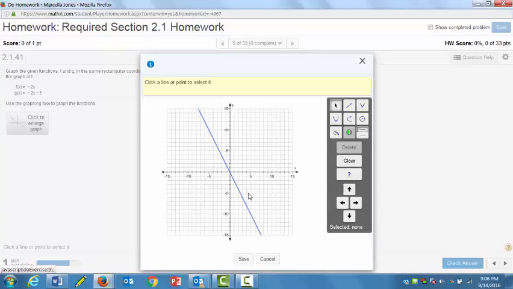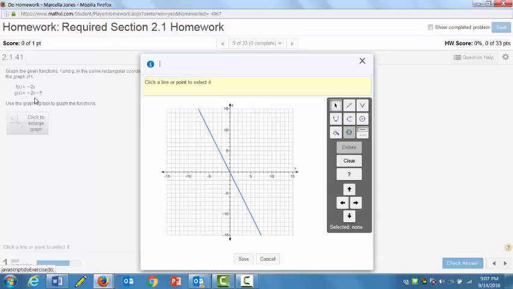So what g of x does is, because the y's of f of x were negative 2x, g of x subtracts 5 from every y value of f of x. Y tells me about moving up or down.